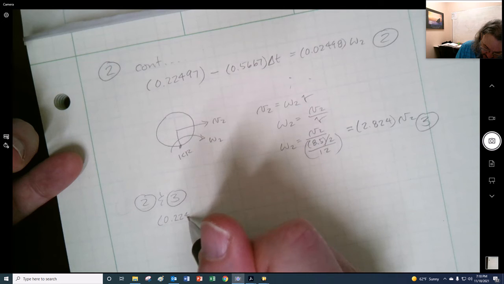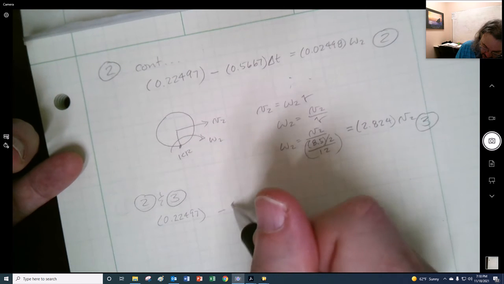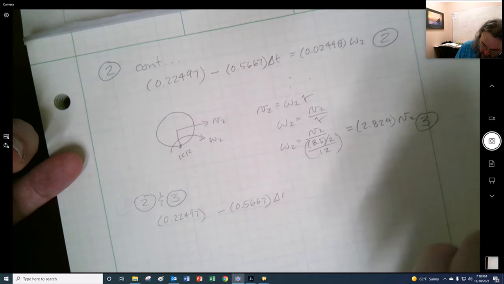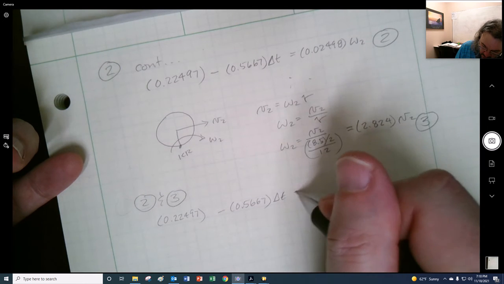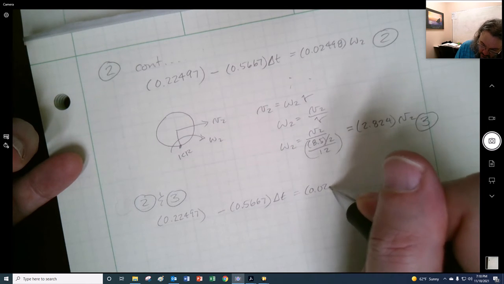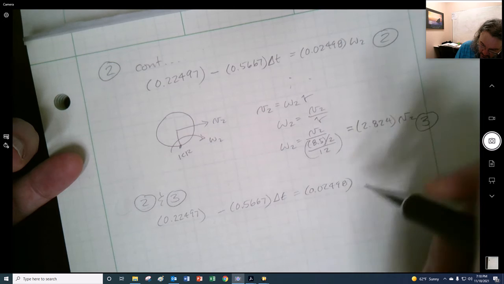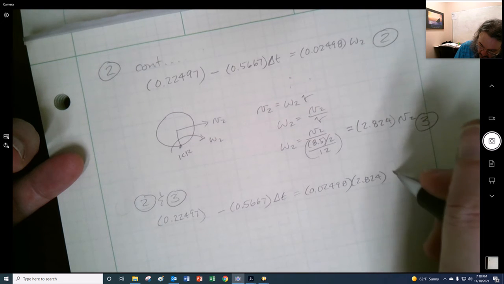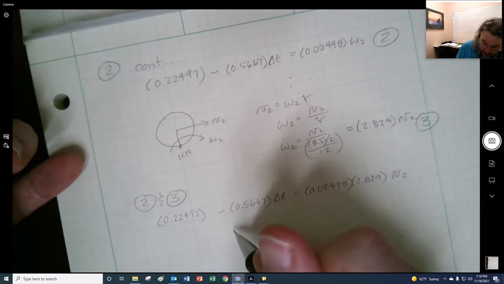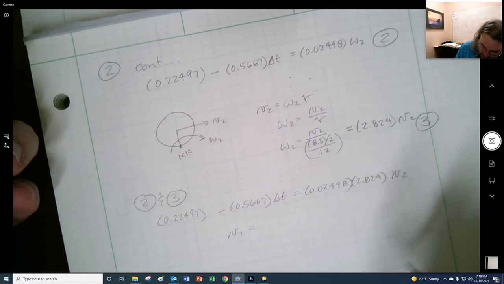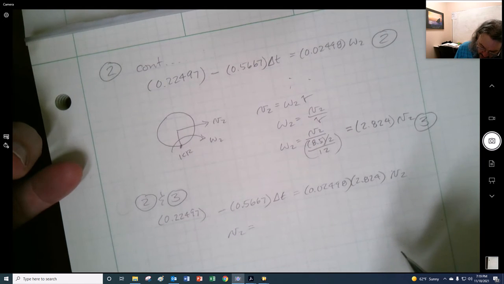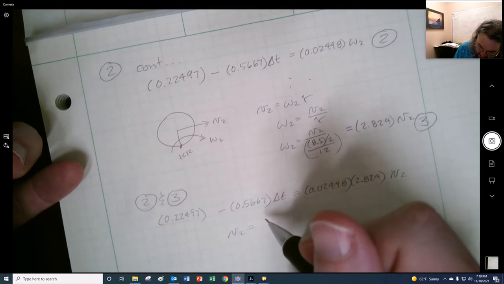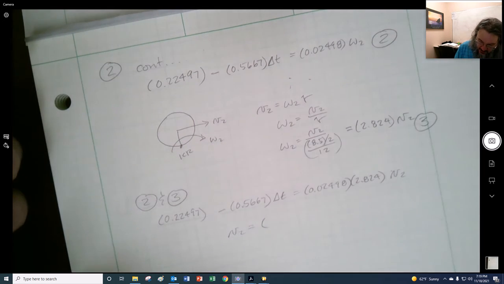Sometimes it helps me to just write them all out again. So solve for V2. Ooh, it's going to be kind of a mess. Oh well.